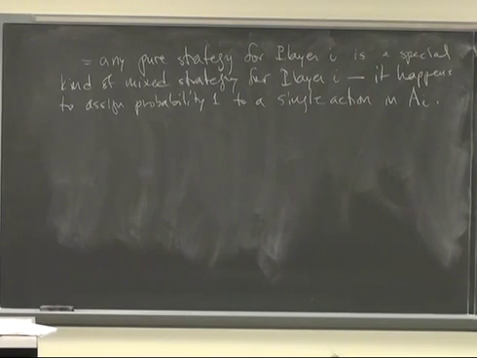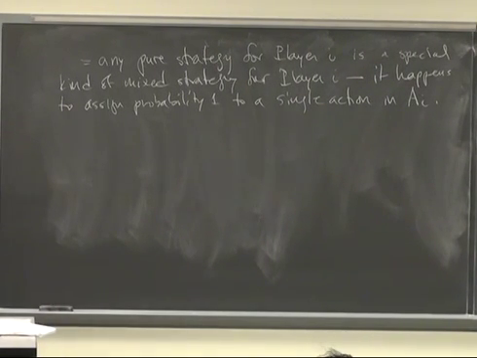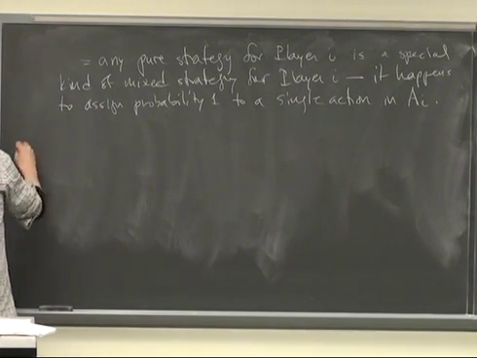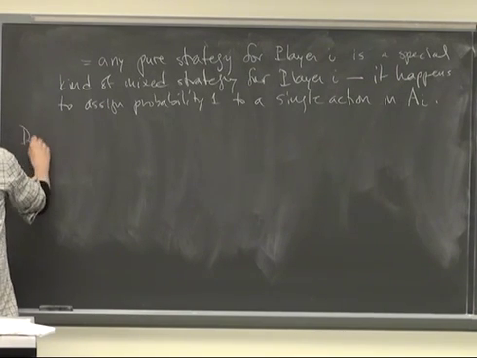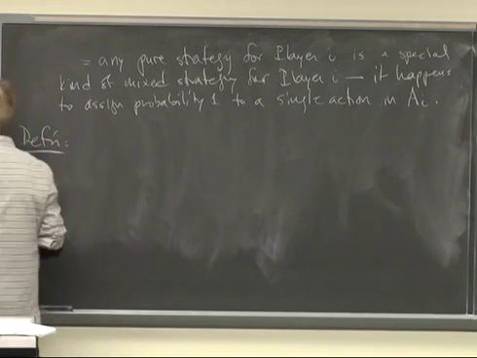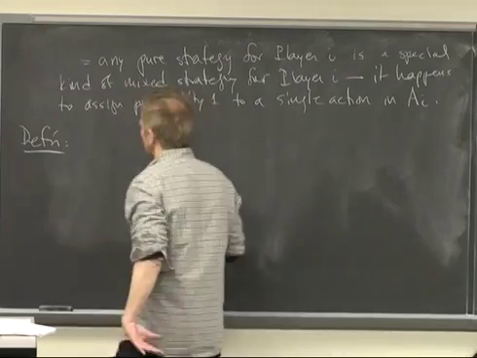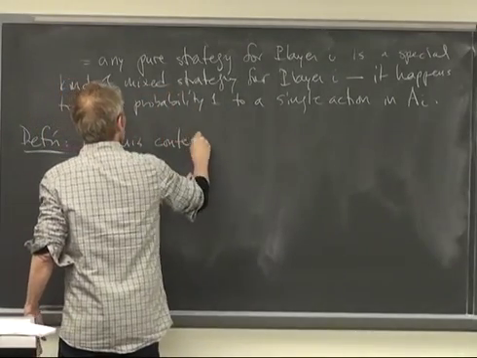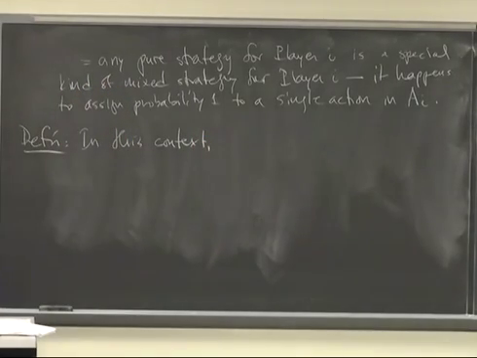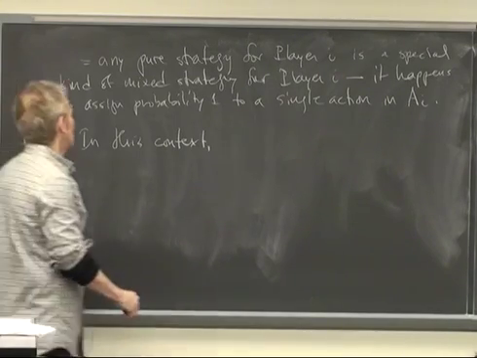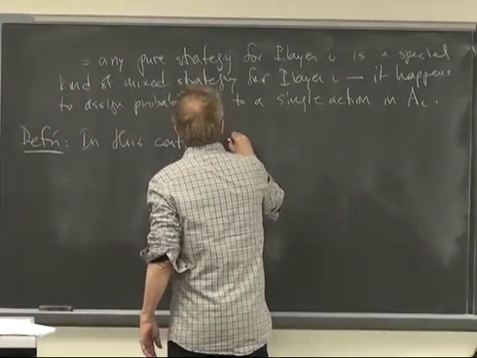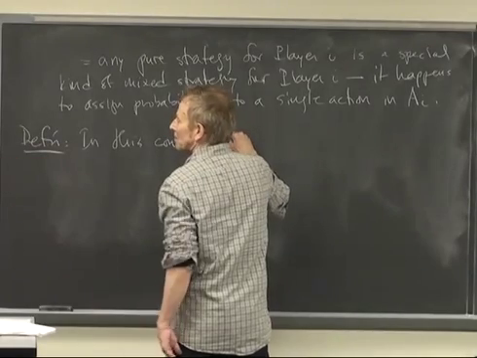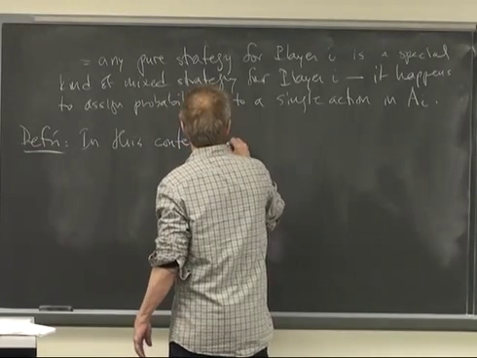All right, so in this context, here's a very important definition. When I say in this context, what do I mean? I mean, in an n-player game, given player i, and some choice of strategy, sigma sub minus i, for the other players.